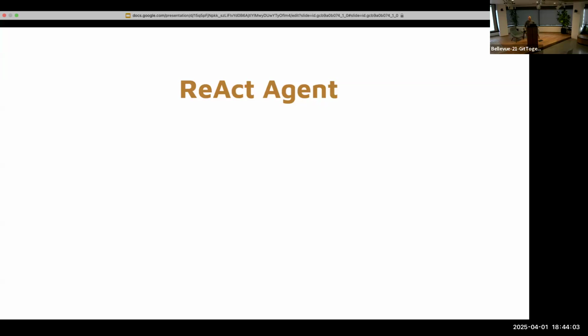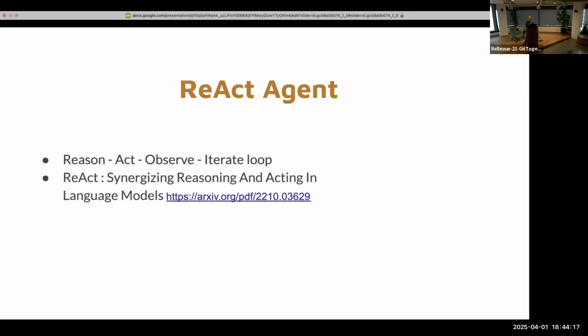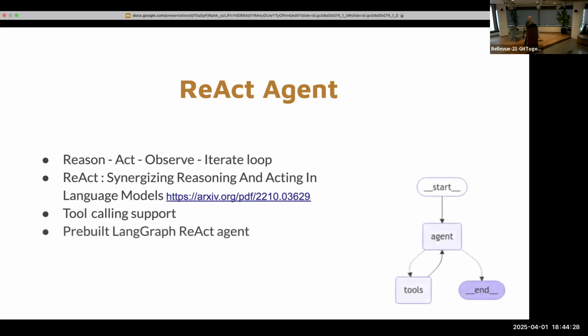All right, so then we decide that since the requirements keep changing, we want to make use of agents. So we find this React agent, and it's a reason, act, observe, iterate loop that was introduced by this white paper about 2.5 years ago. And with the tool calling support by LLMs, it's made a little bit easier to implement. We're going to use a pre-built LangGraph React agent where the user provides a prompt to the agent.